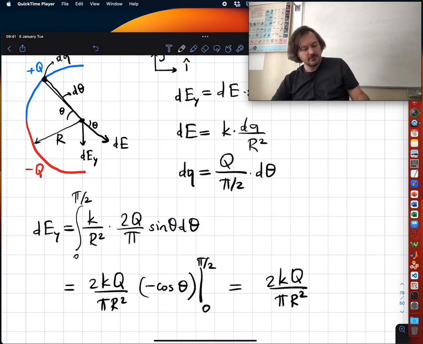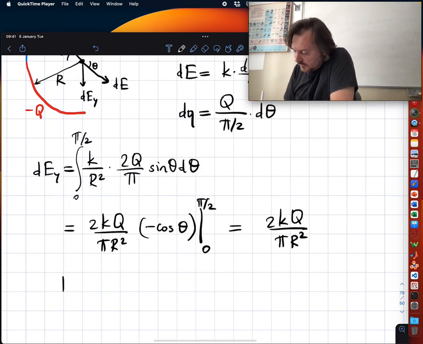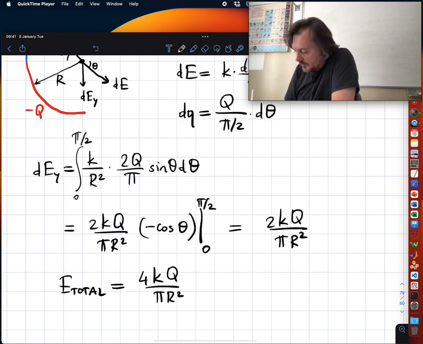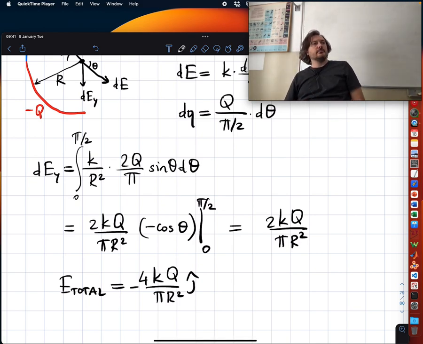Do you agree with that? All right. So the E total will be twice this much. So it will be 4kq over pi r squared, but it will be pointing in the negative j direction. Do you agree? Everybody agrees?